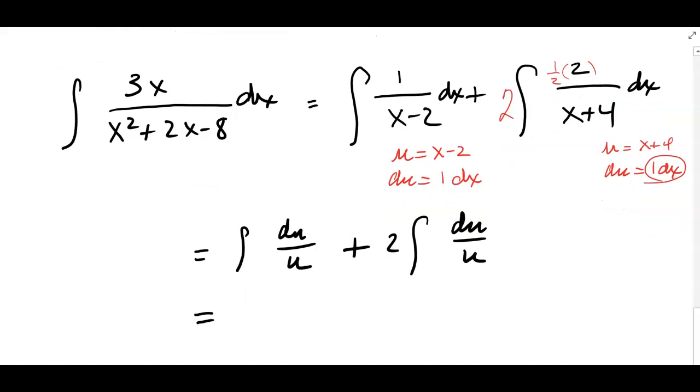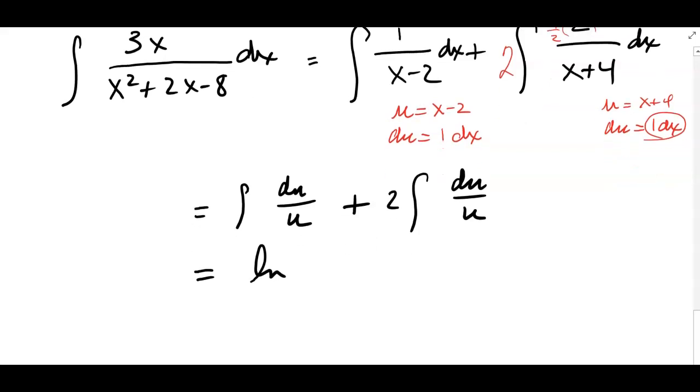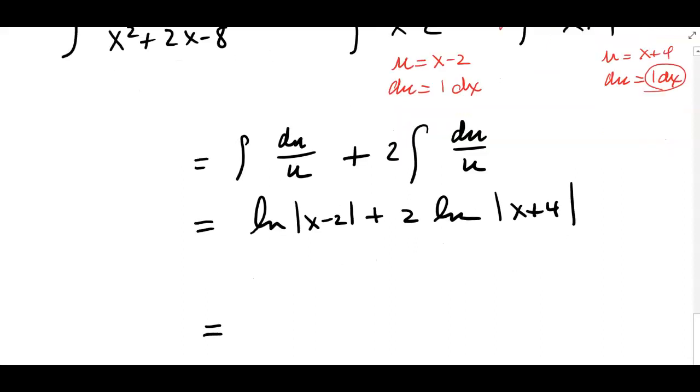So the integral of 1 over u is ln. Remember, this is the u from the first. I should have used a different variable from the first one, so it's ln of x minus 2 plus 2 ln of x plus 4. And you can actually pull that one together using your ln properties.